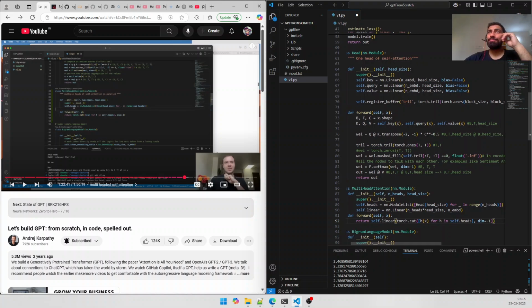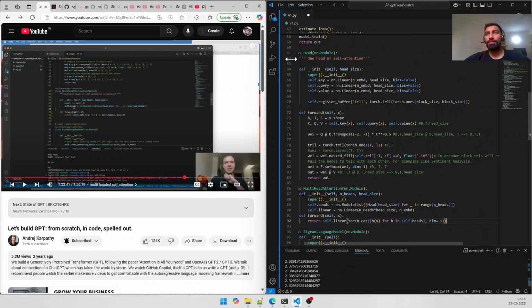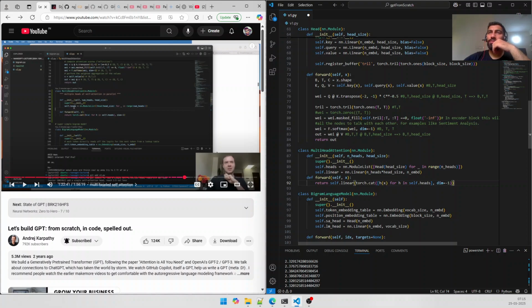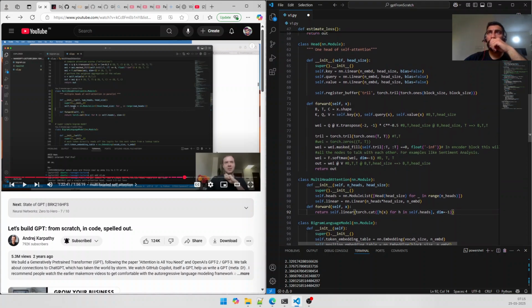Whatever it did, it looks like it did a good job. So multi-headed attention. For each of the heads, we need the head size and then the number of heads. Head size, module list, and everything. Now we are not crunching that too.